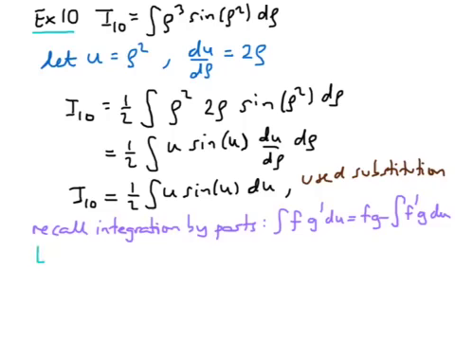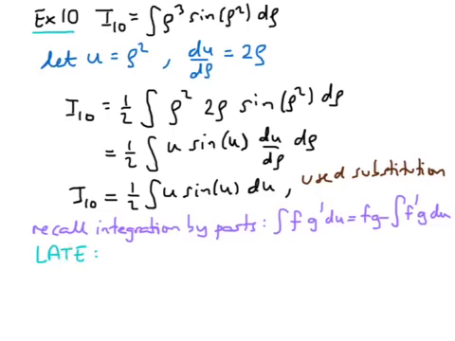LATE tells us that we should choose the factor that we're going to differentiate according to the following: if there is a logarithm, we should choose that first. If there is an algebraic factor, we should choose that second, a trigonometric factor third, and an exponential factor fourth. We look at this integrand, we have an algebraic factor and a trigonometric factor. So from LATE, we're going to choose the algebraic factor to differentiate.